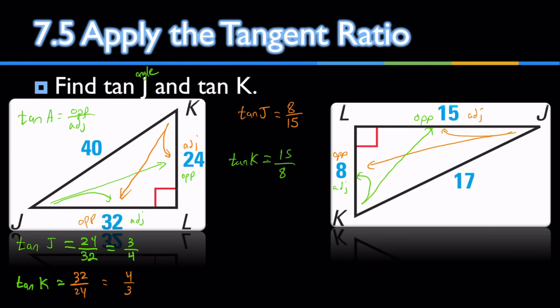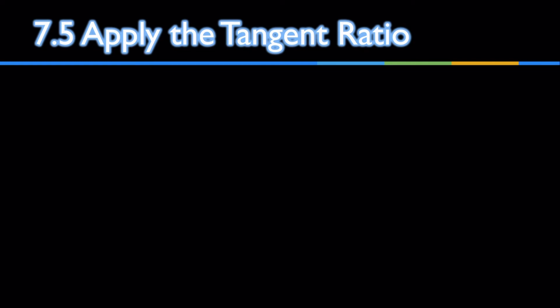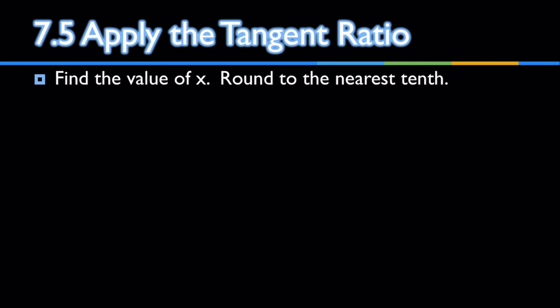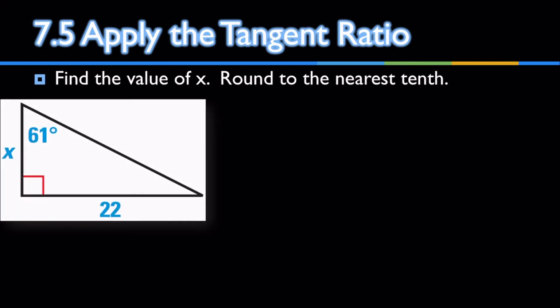So let's use this and your calculator. Oh, you need a scientific or graphing calculator. Find the value of x and round to the nearest tenth. All right, so here we're given our angle 61. So from the 61, the 22 is the opposite, and the x is the adjacent.